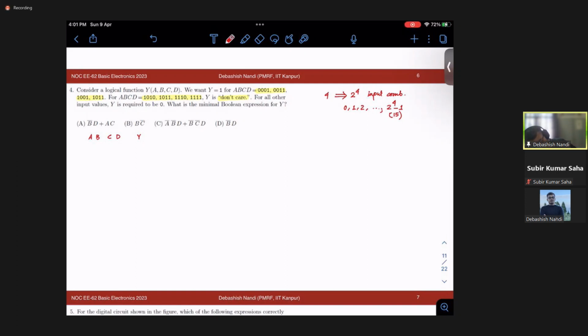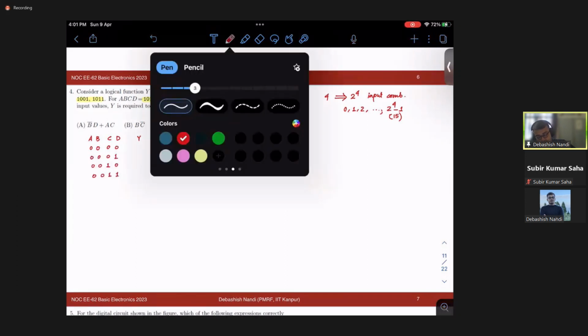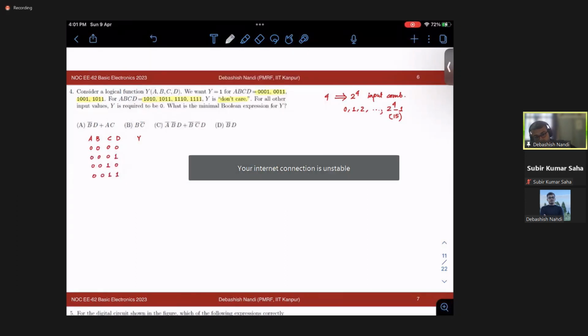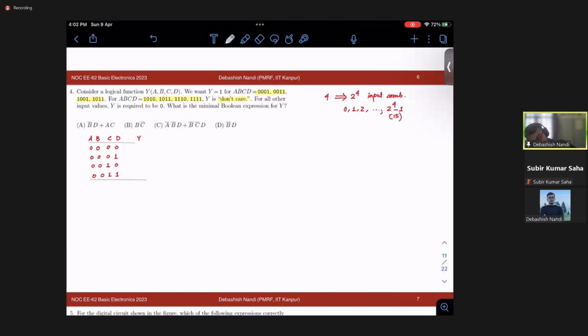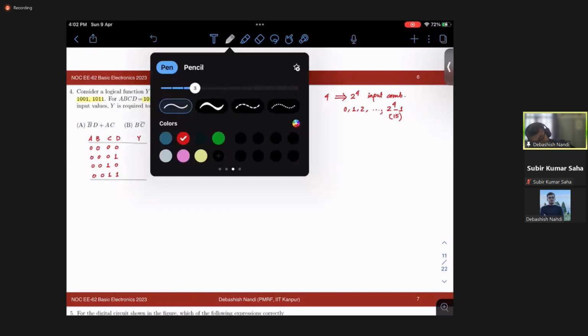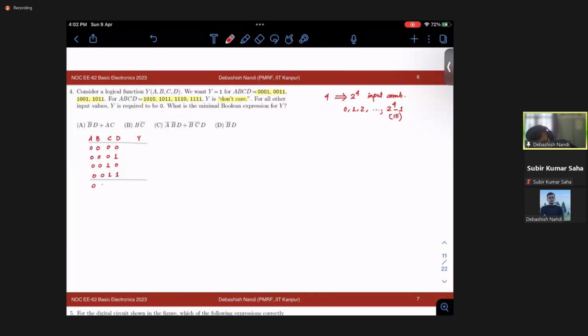So 0000, 0001, 0010, 0011. Just to know that we do not lose track, it is my practice, so I will suggest you that whenever you are covering four things, you just make a horizontal line so that you can keep track of it, right? So you have then 0100, 0101, 0110, 0111.